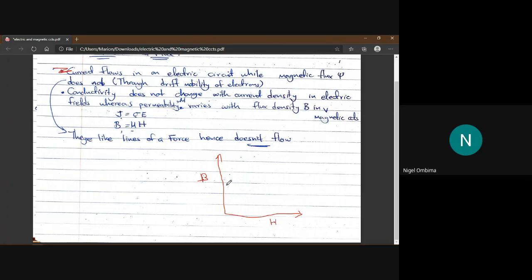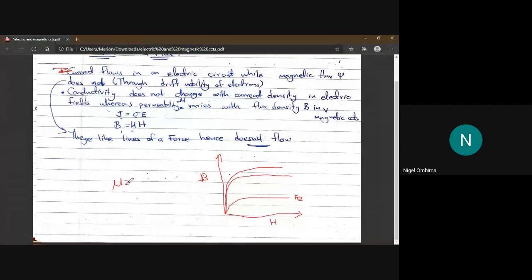Like, I googled this, cast iron, its curve looks like this. Then it goes to saturation. This is cast iron. Cast steel looks like this. This is steel, and then this is sheet steel. So as you can see from the graph, all different materials have different BH curves.